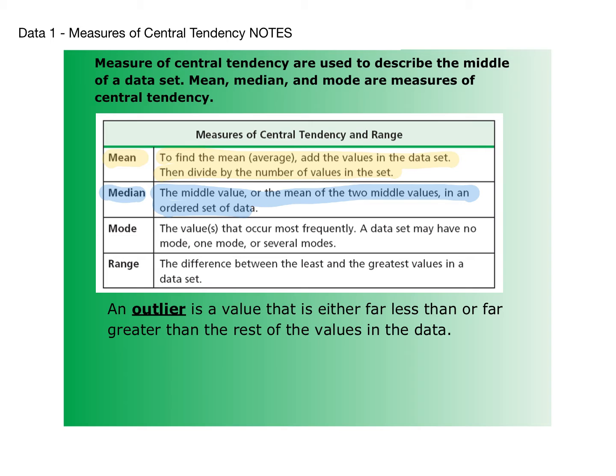Sometimes it's easy enough. If the two middle numbers are, say, 12 and 14, then the middle of that is obviously 13. But if the two middle numbers are not quite as obvious as that, then you'll just have to get the mean of those two numbers. You'll add them up and divide by 2. So if there's an even number of data pieces, you will get the mean of the two middle numbers.